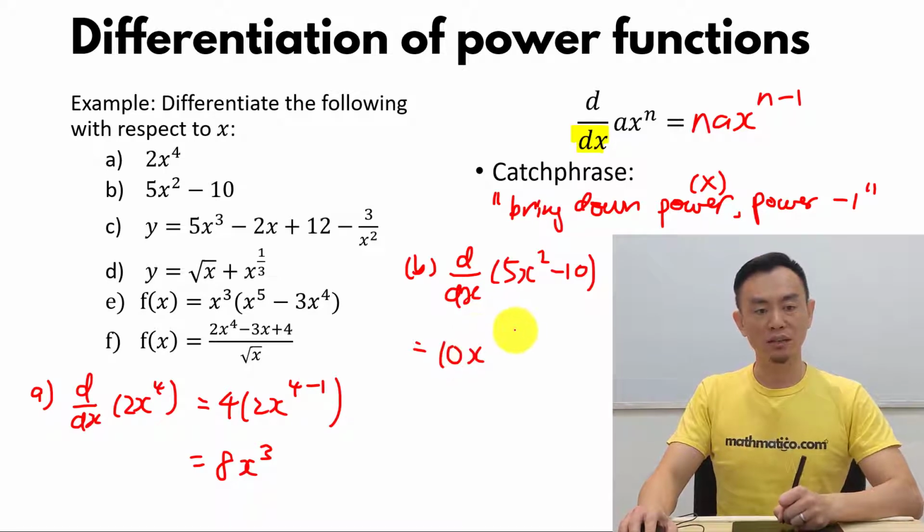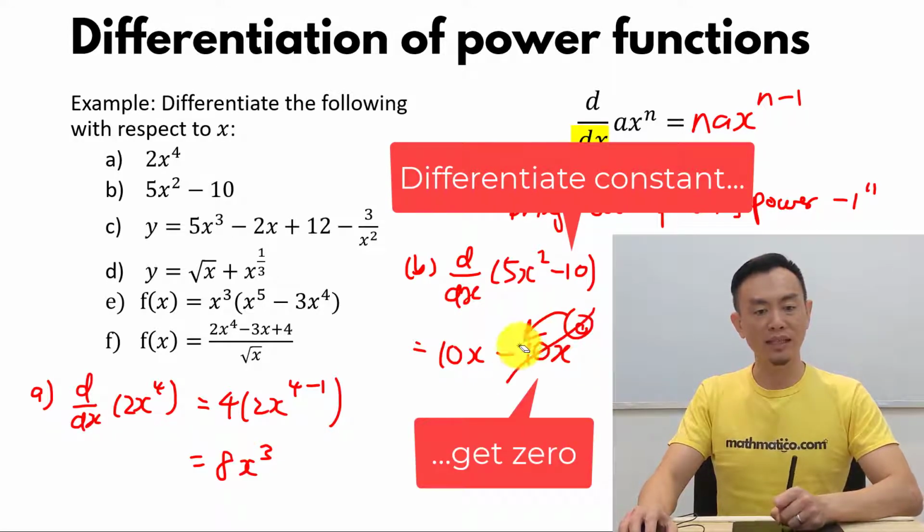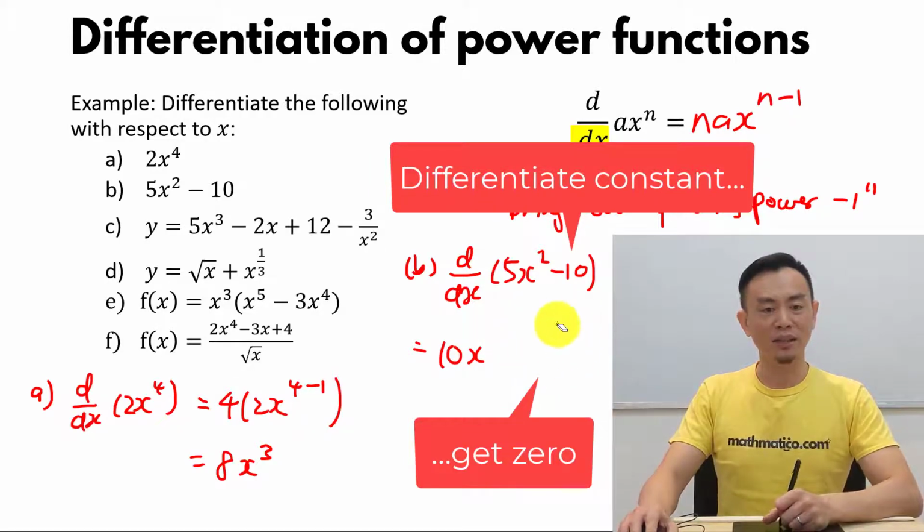So you're just going to leave it, 10x. Now the 10 here is actually 10 times x to the power of 0, right? And when this 0 comes down, 0 times whatever it is, is 0. So there's nothing left here because it's multiplied with 0. So the result is just 10x.